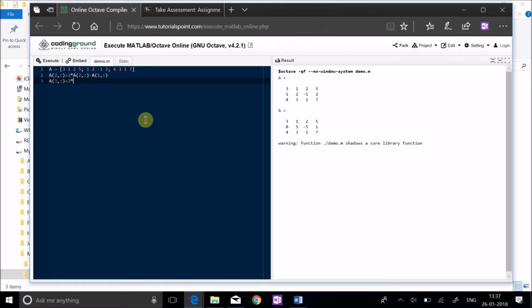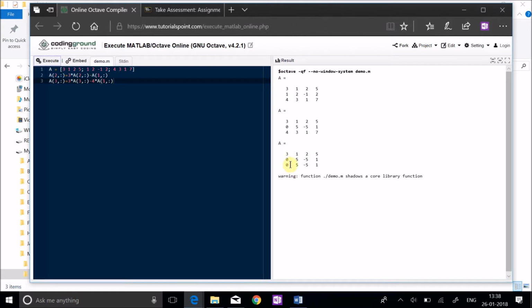How do you select the third row? It's a brackets 3 comma colon. So now we have selected the third row minus 4 times a, the first row. Okay, let me execute this. Great, so now we have these two converted to zeros.